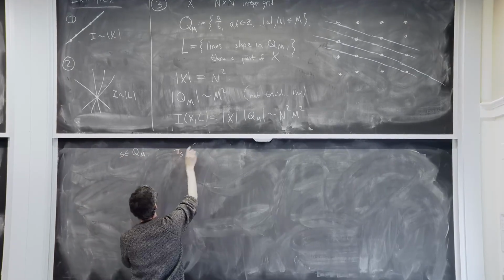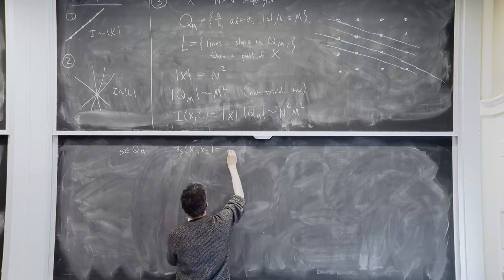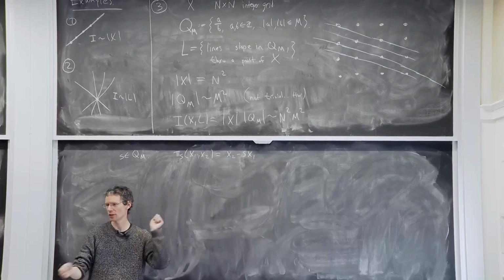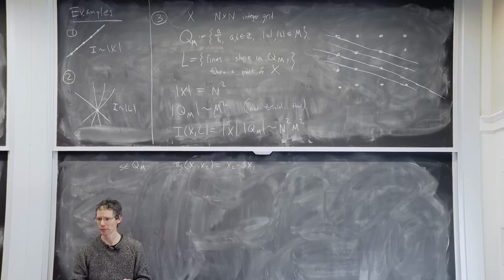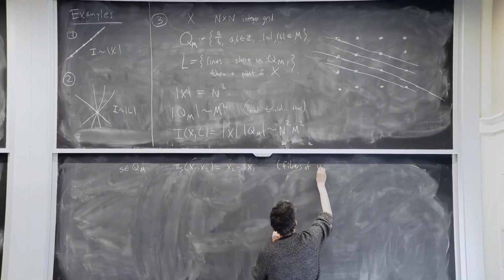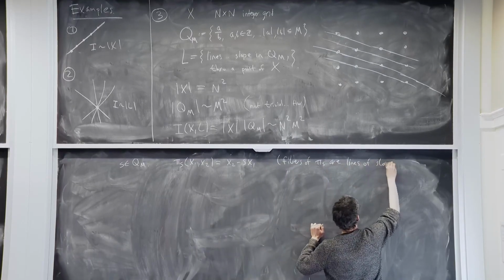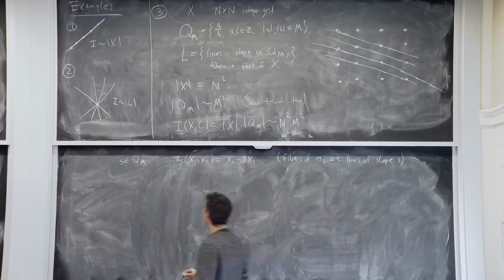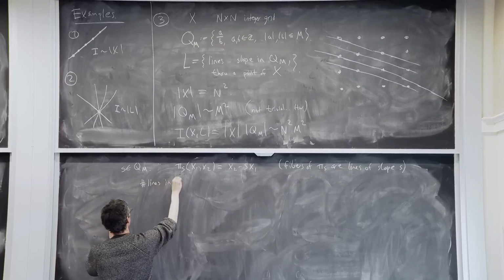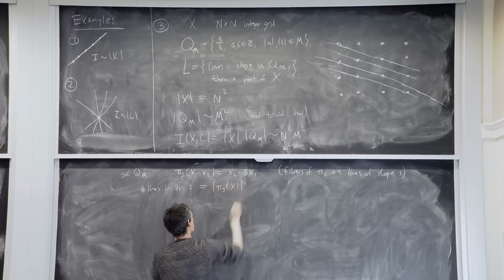Let's say pi sub s, the projection at slope s of x1 and x2, is x2 minus sx1, I guess, the projection whose fibers are lines of slope s. All right. And so the number of lines in direction s is exactly the size of this projection.